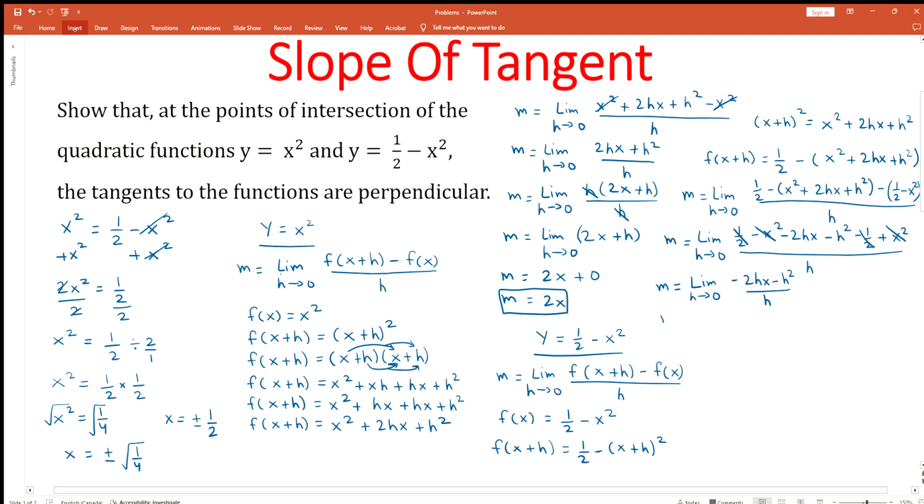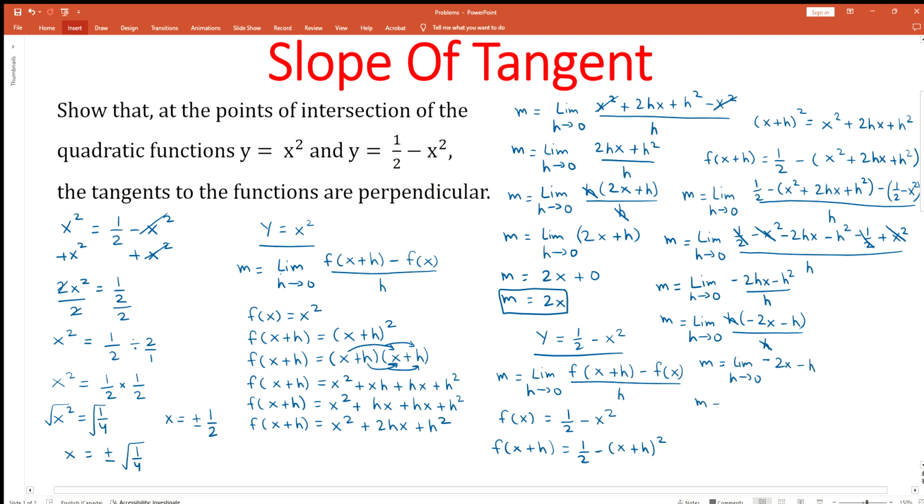Next, we should factor out an h from the numerator expression. We can cancel out the h's from the numerator and denominator. Now we can apply the limit.